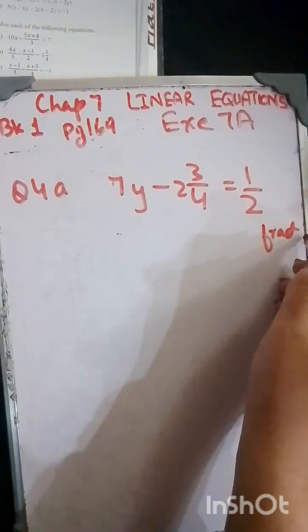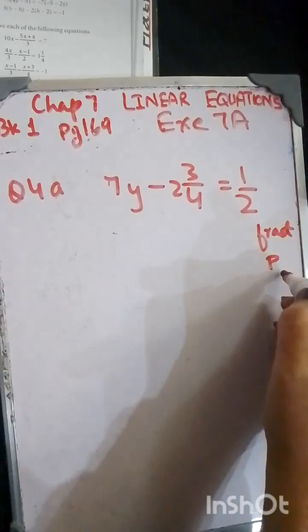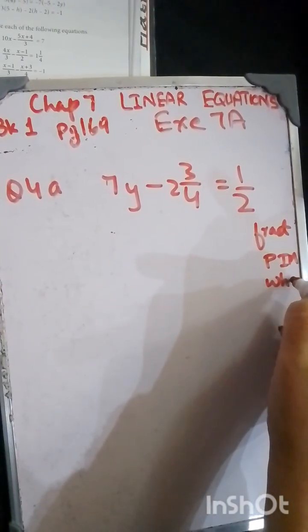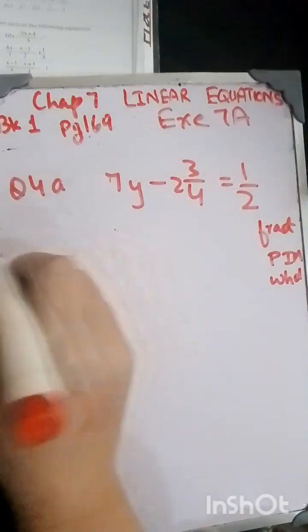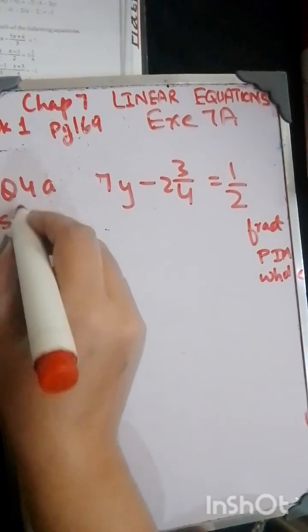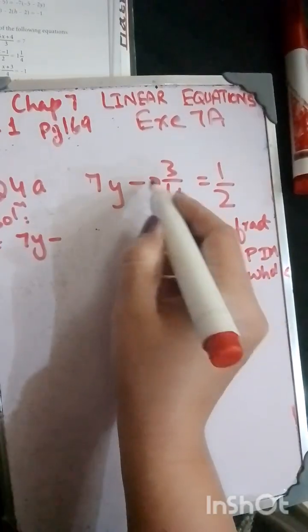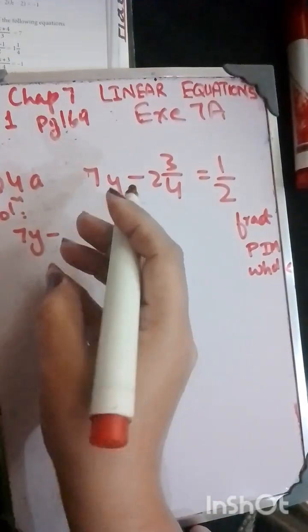4a, jumping towards 4a, it has a fraction in it. You remember that in previous chapters we have already dealt with mixed numbers and proper and improper fractions. If you don't remember that, then you can go through my previous videos.